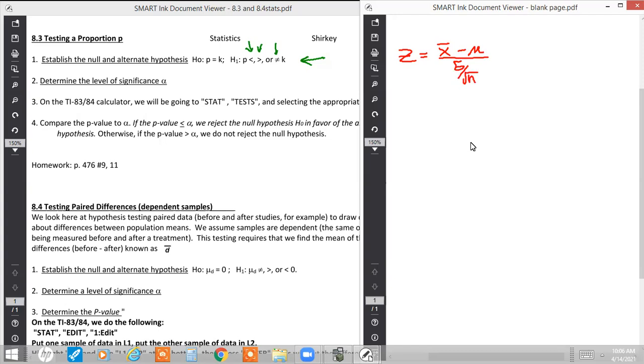If you're given sigma, you're changing x bar to z by doing x bar minus mu divided by sigma over the square root of n, right? If you don't know sigma, but you know the sample standard deviation, we use a t-distribution. We change the x bar value to a t value.